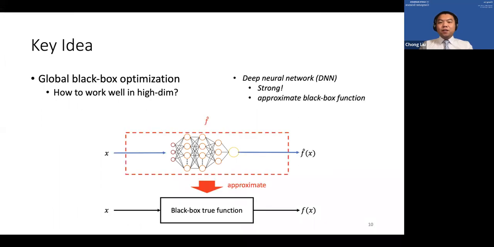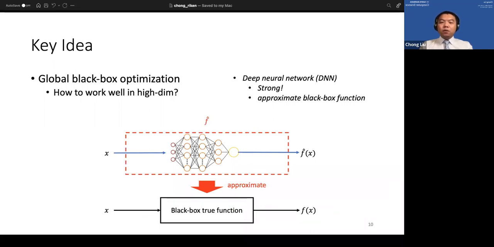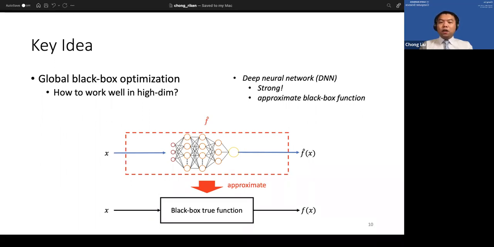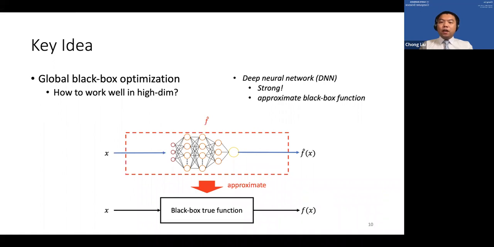So why not use a deep neural network to approximate the black box function? Every time we observe the output of my queries, I can update my model of the deep neural network and then use it to optimize the black box function. So this is the key idea of this work.